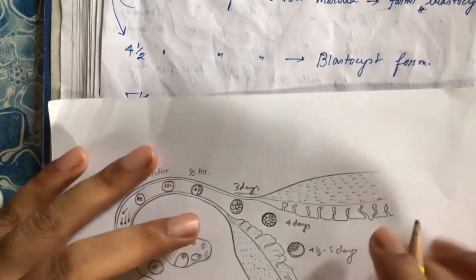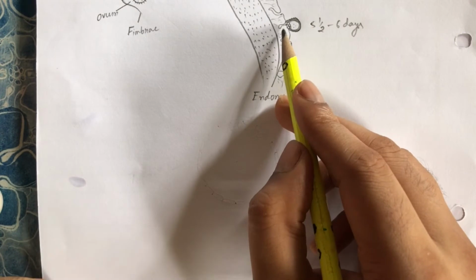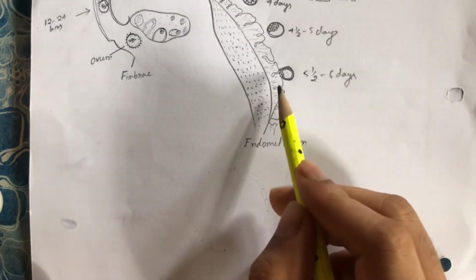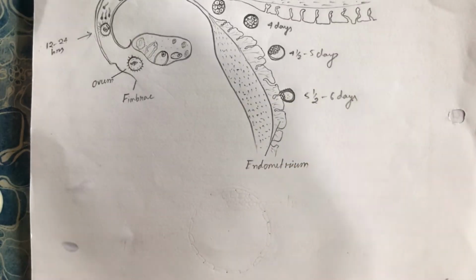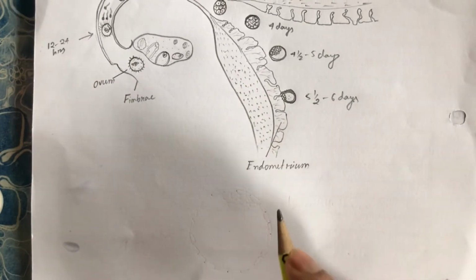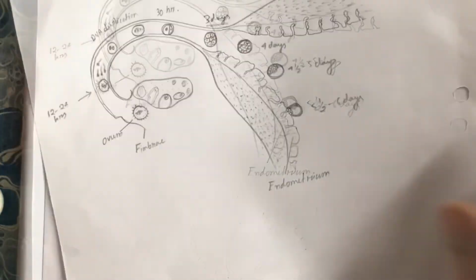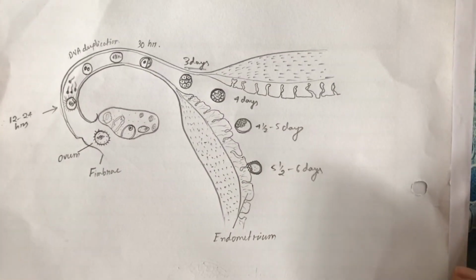At the 6th to 7th day, this blastocyst will touch the endometrium and be tightly connected to it, and this is called implantation. So implantation occurs about the 6th day after fertilization. Okay, clear? So here I want to add some extra points.